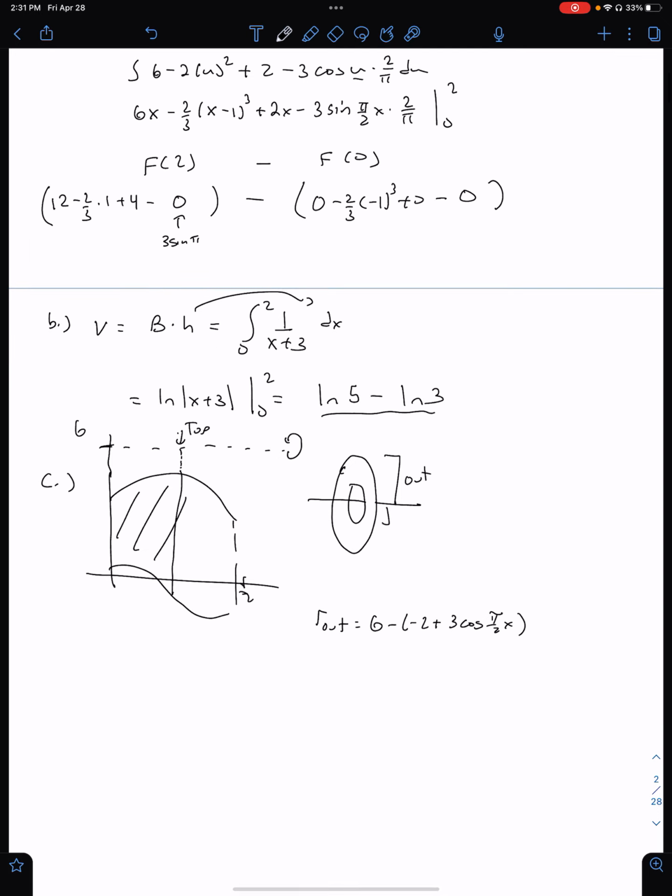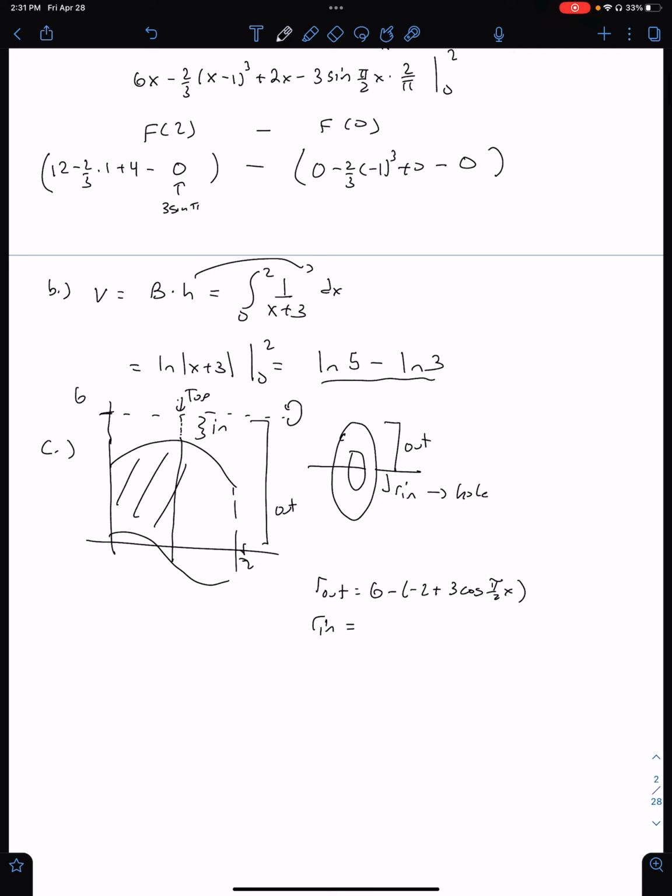Now I need my inside radius. Now remember, the inside radius is really the hole that we're looking at. That's right here. There's our inside radius, right? And there's our outside radius right here. So to get our inside radius, again, it's top minus the bottom.